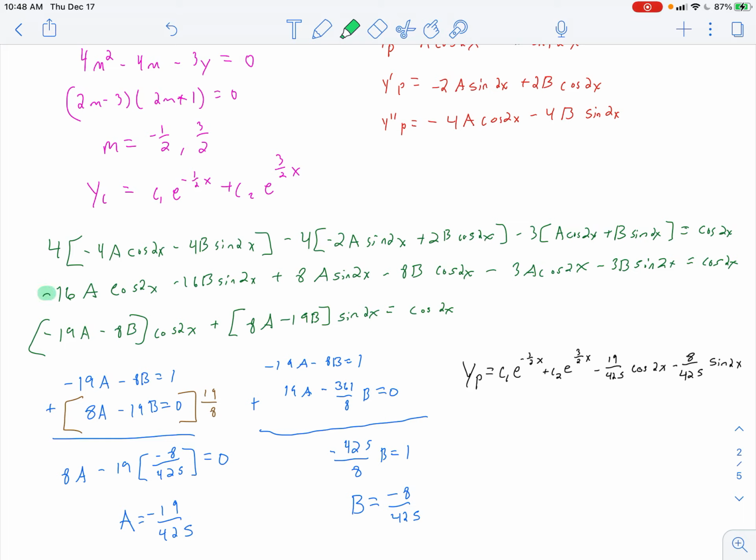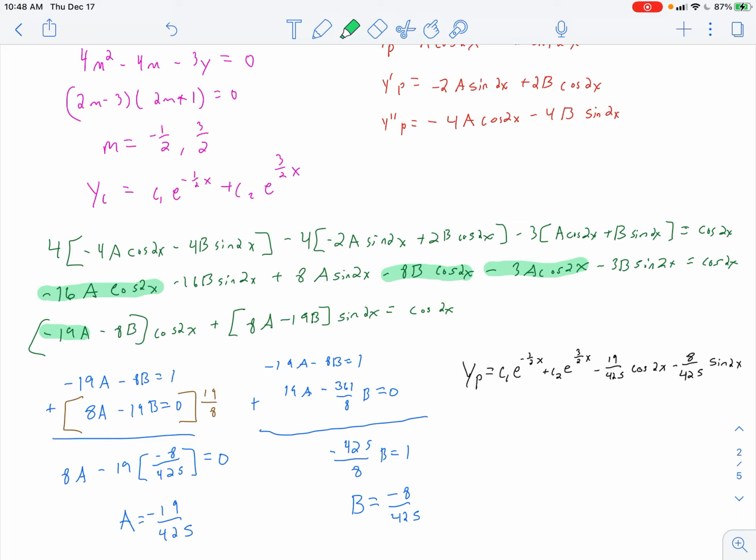So this negative 16a cosine 2x, does it have anything it's going to combine with? Negative 16a and negative 3a cosine 2x are like terms, giving negative 19a. Then I find all my cosine 2x terms, so negative 8b cosine 2x.